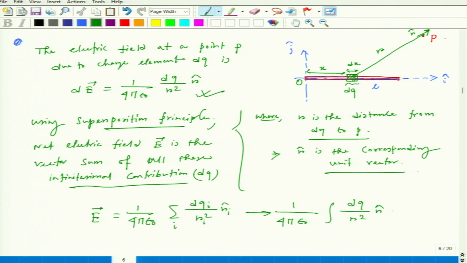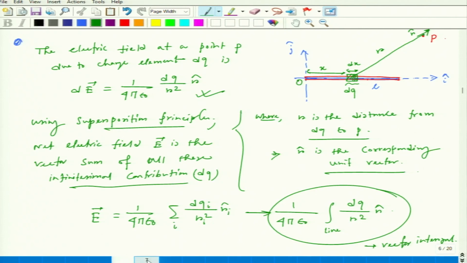So this is a continuous variable and this is an integral over the line L. Again, remember this one is a vector integral. What does that mean? That we calculate each component of the electric field separately, in each direction of the space, right.